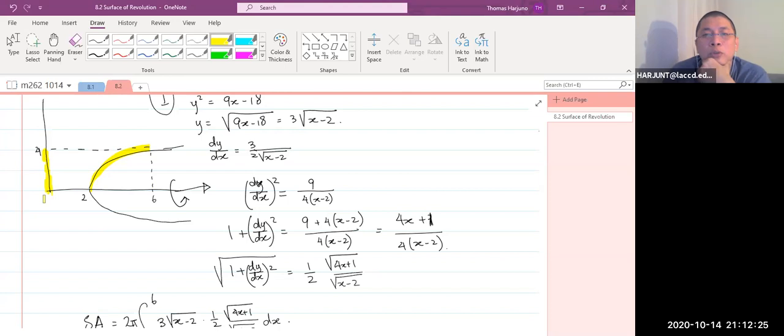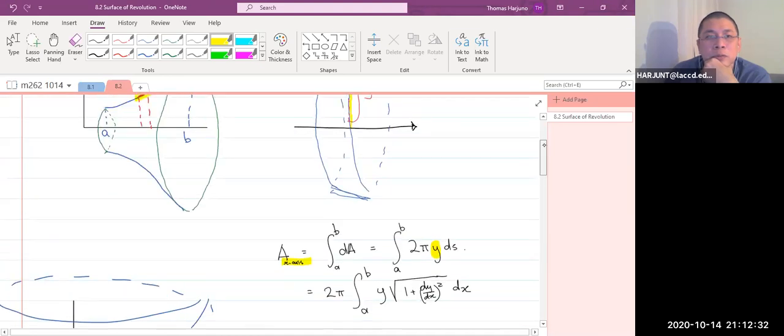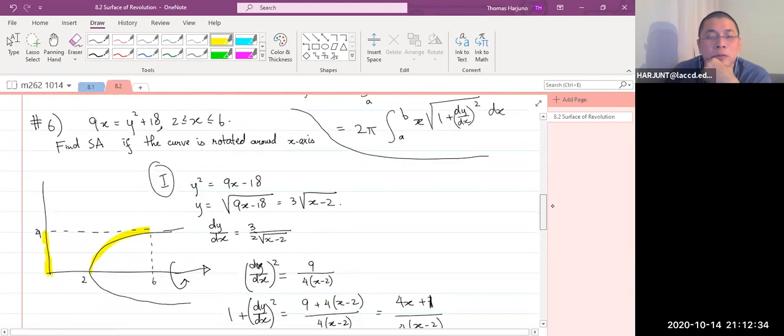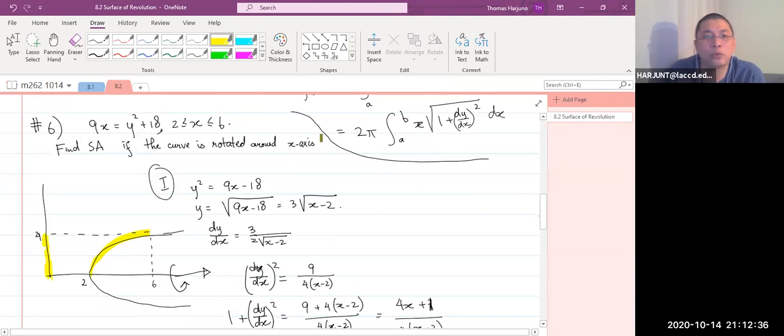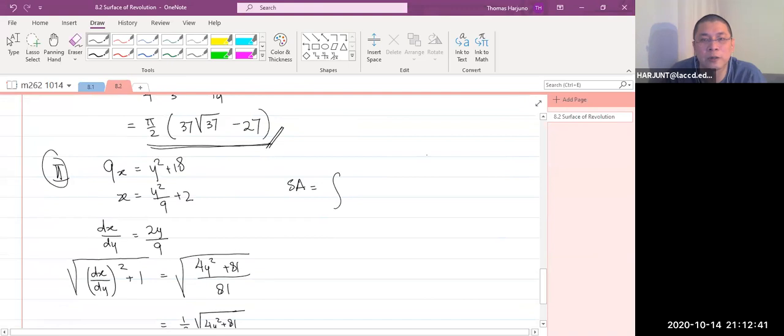Should go up to 6, not 4. Is it right? Let me check my computation. The x is from 2 to 6. So if your x is 2, what will your y be? Your y will be 0.